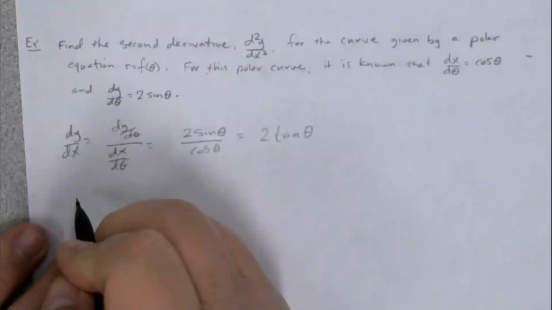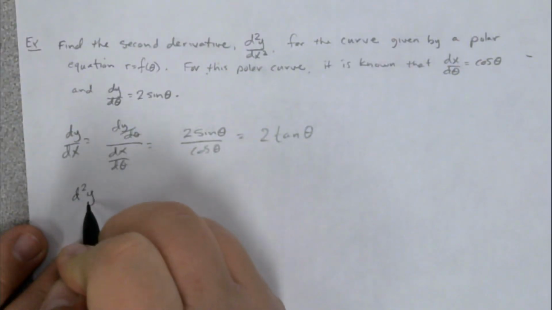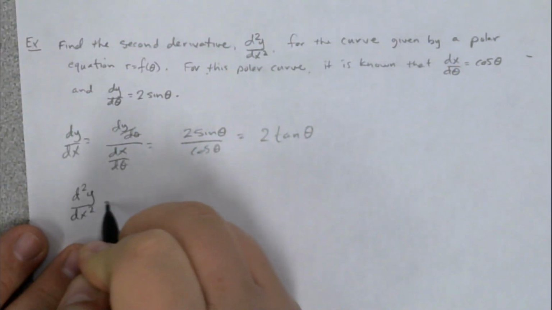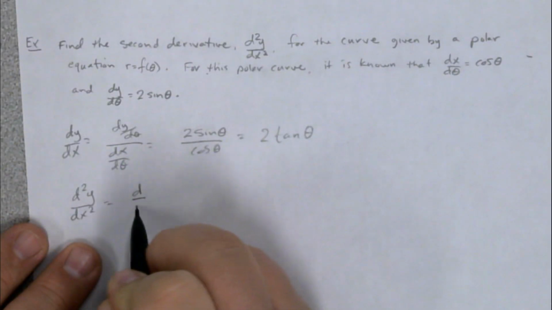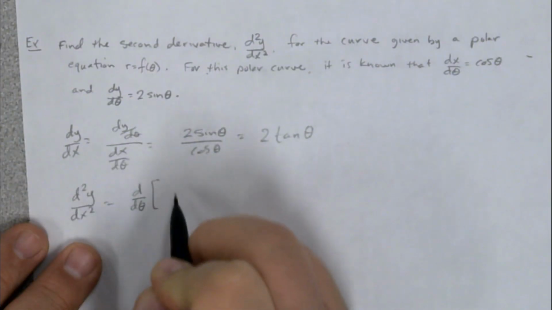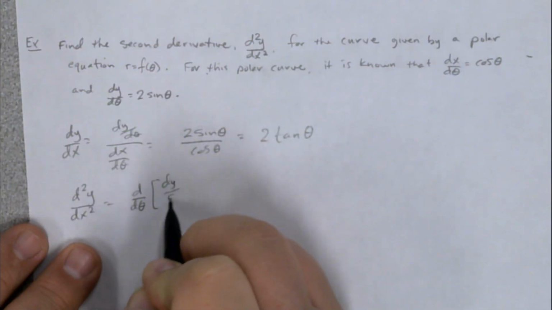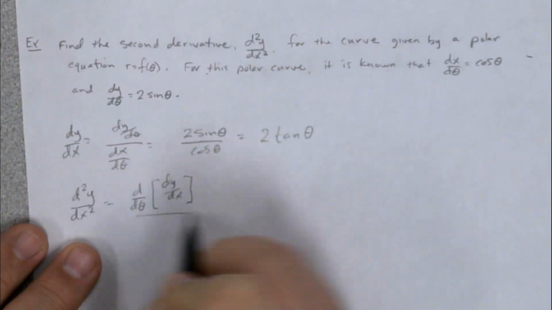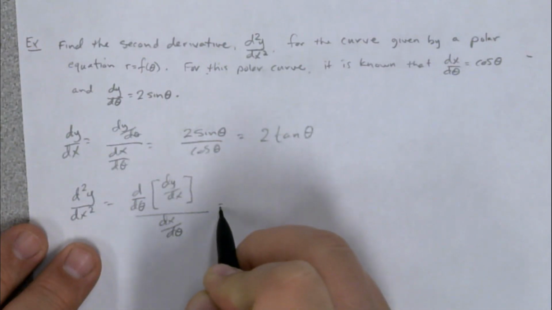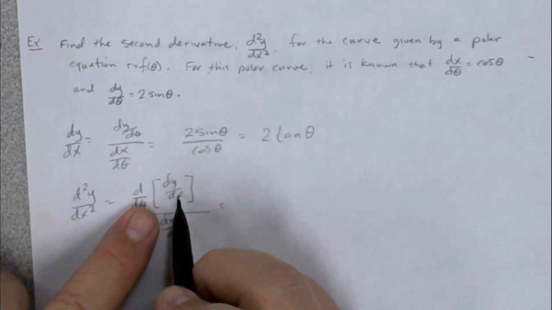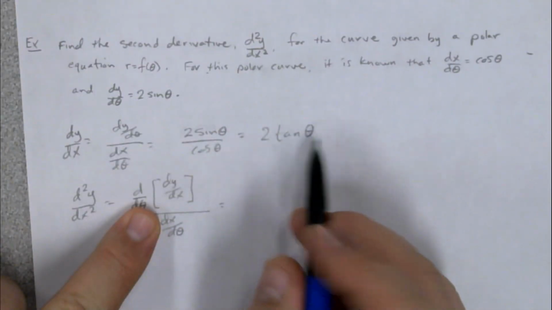Okay, so now I want to find the second derivative of y with respect to x. And to do that, that is the derivative with respect to theta of dy/dx, and then divided by dx/d theta again. Don't forget this bottom part. What is the derivative of this quantity with respect to theta?